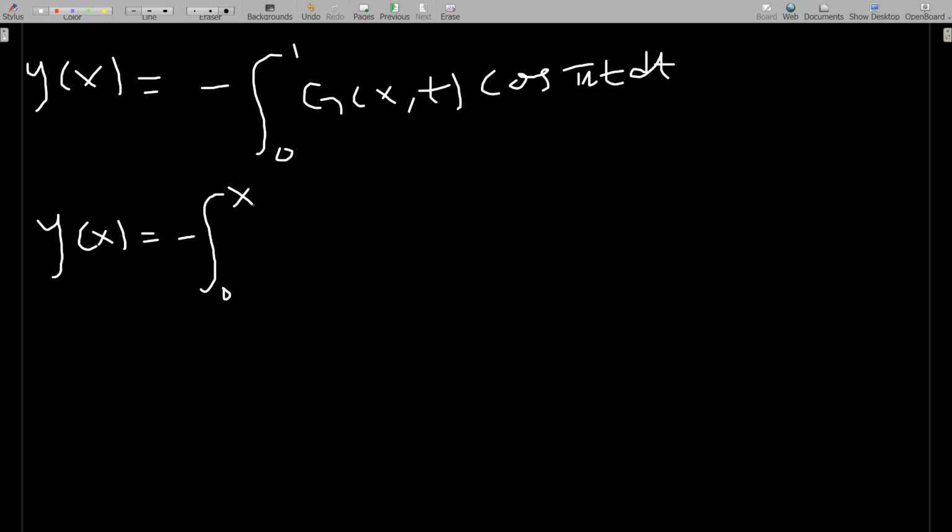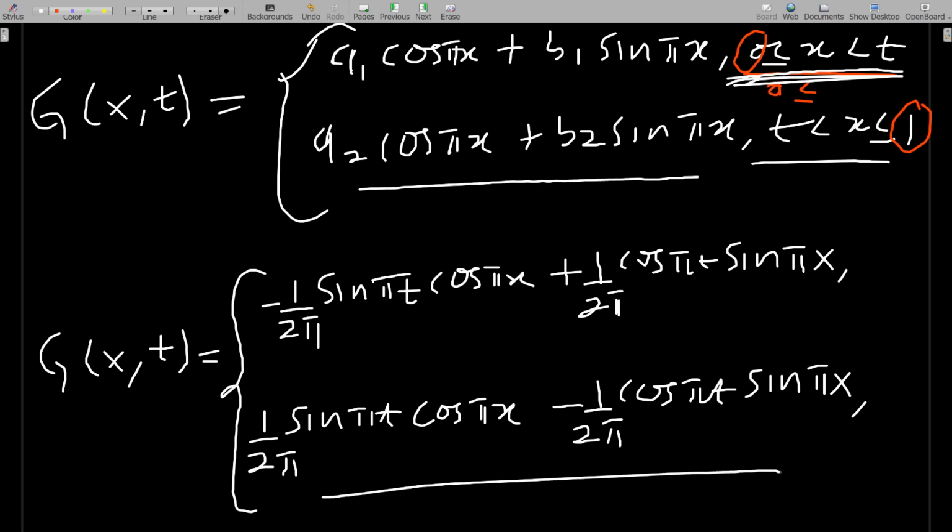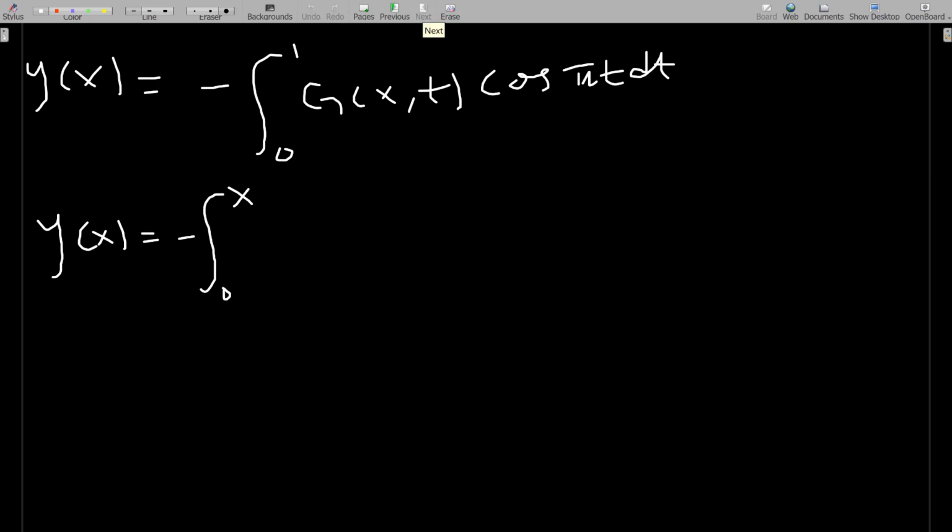So the 0 to x is the range for the first g1. When you are solving, use this range for this one, so the first range is the range you use for the g2.